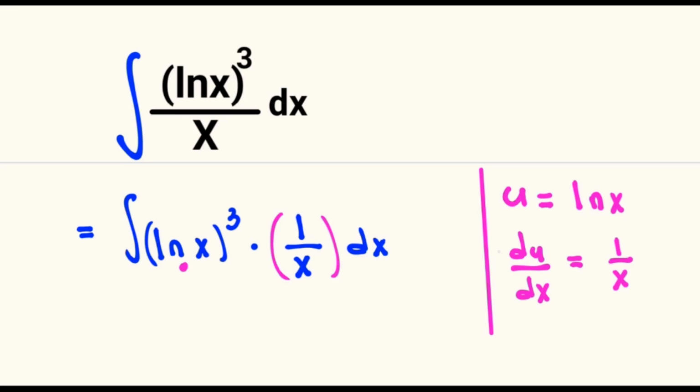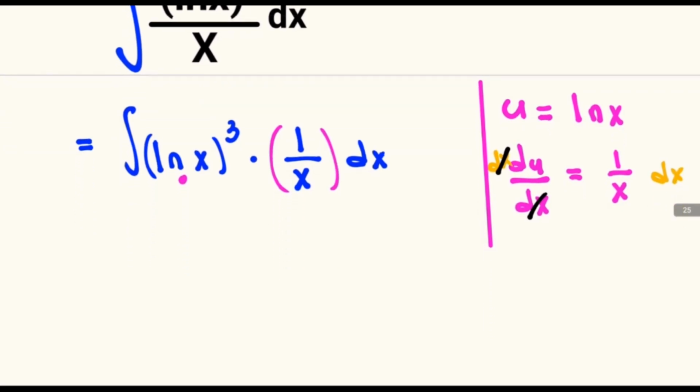We multiply both sides of the equation by the dx, and that dx will cancel out, and the du will be equal to 1 over x multiplied by the dx. So in the place of 1 over x multiplied by the dx, we will substitute the du, because this du is equal to 1 over x multiplied by the dx.